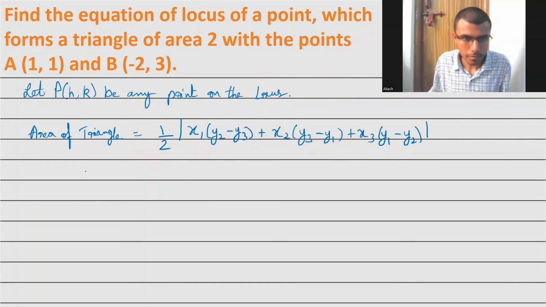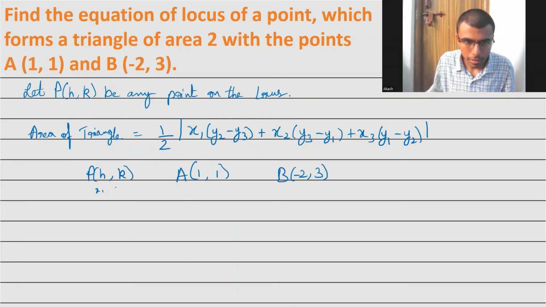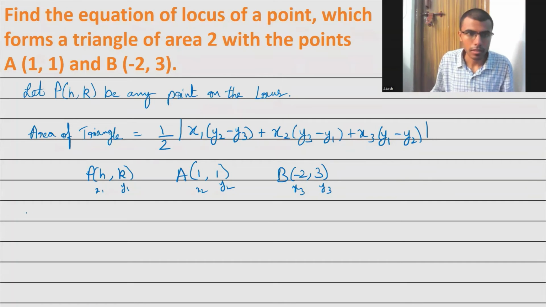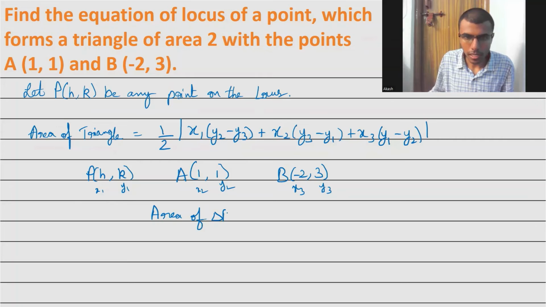Now here we have P is h comma k, A is 1 comma 1 and B is minus 2 comma 3. Fine, you can write it small like this: x1 y1, x2 y2 and x3 y3. So it's given that area of triangle PAB is nothing but 2.